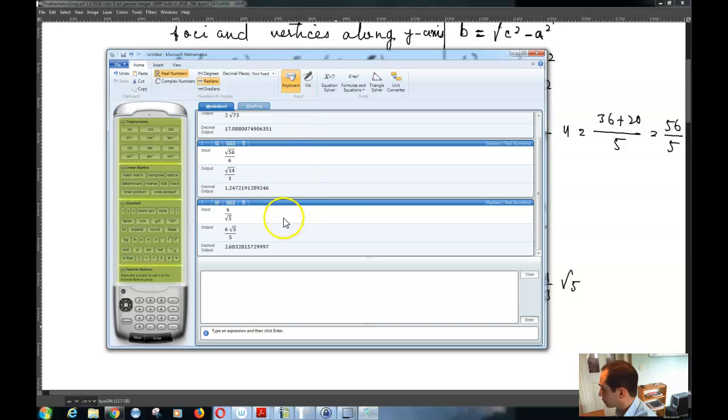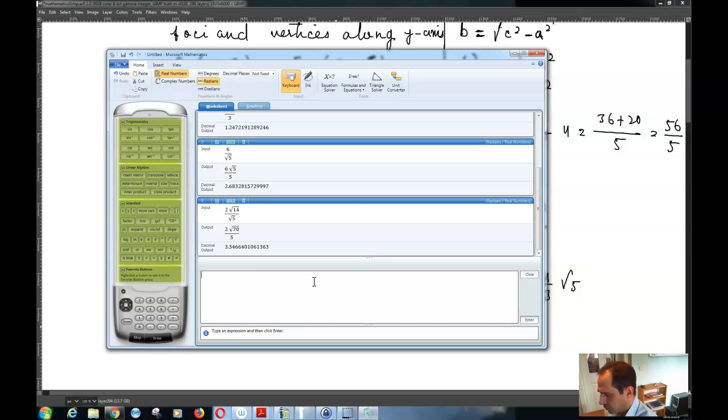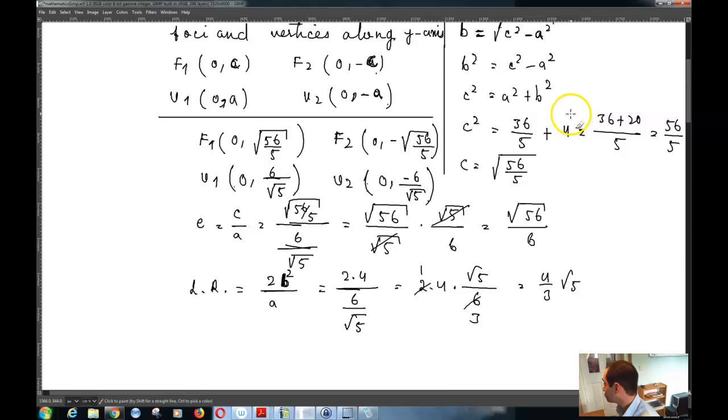And over here I have 2 square root of 14 divided by square root of 5. Not the same thing. I don't know what the problem here is. I don't understand it really. Maybe the answer in the book is wrong.